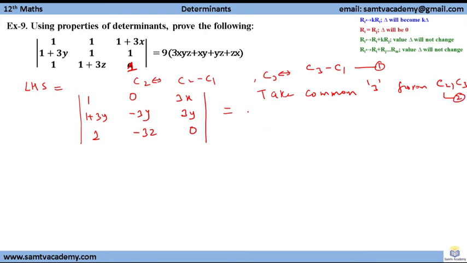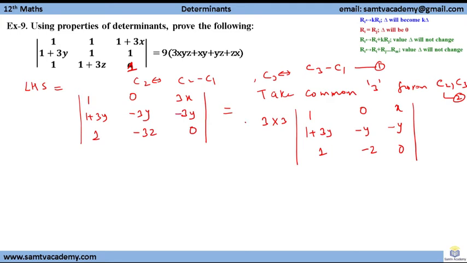So now what we are left with, if we take 3 common here, into 3, 2 3's are coming. So first we are writing first column as it is, 1 plus 3y, 1. This is 0, minus y, minus z. This is x, y and 0. This is, sorry, minus y is there, not written. This is column 3, minus 1, minus, so it is minus is there.